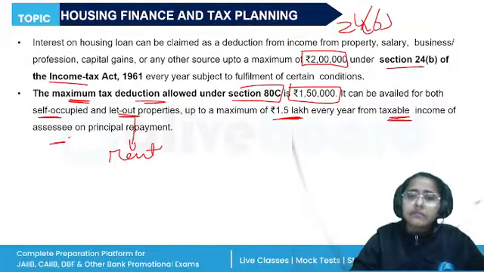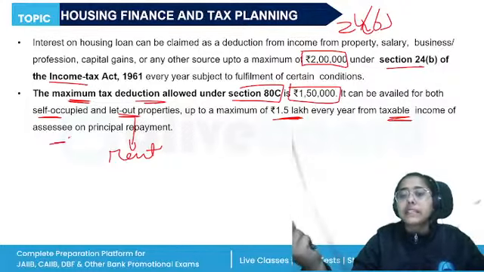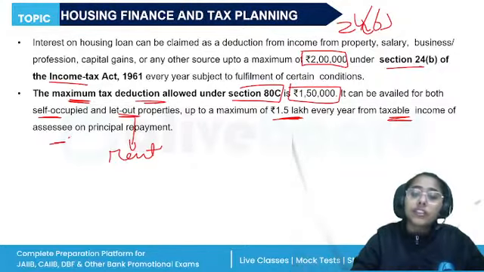Then there are certain conditions. The deduction is allowed only if the construction of the property is complete and a completion certificate has been received. If it was under construction, then no deduction will be allowed. Also available when the property is self-occupied or let out. There's also reversal, if we talk about the reversal of tax benefit availed under section 80C.